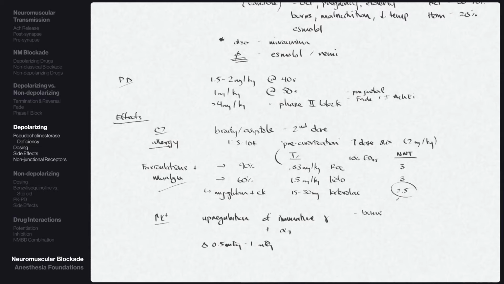And so this is essentially a very strong contraindication to giving succinylcholine. This, however, returns back to potentially normal in 1 to 2 years, at which point it may be safe to give succinylcholine. However, there have still been reports of a hyperkalemic attack potentially 2 years after a burn injury.